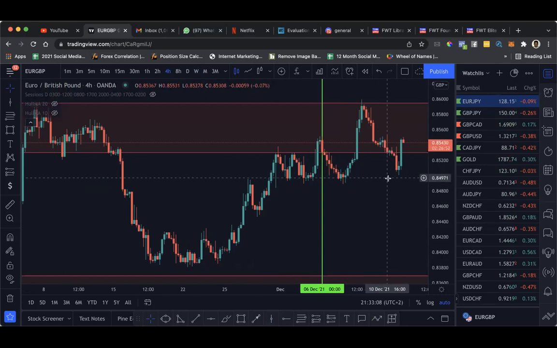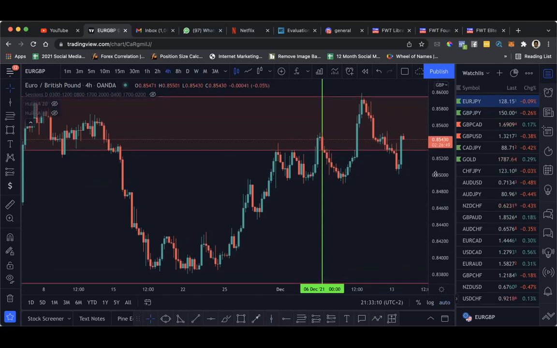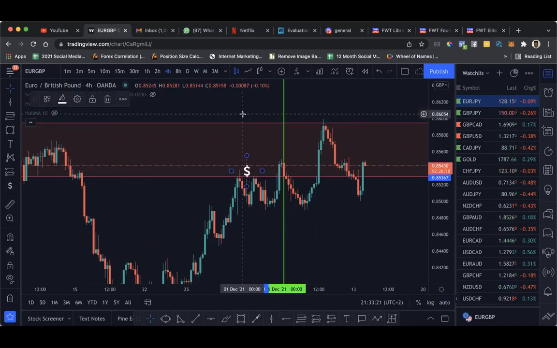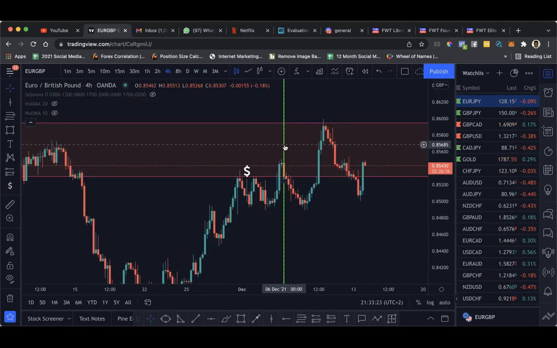Okay, so this was the first time, and then you could see this liquidity here on the 4-hour chart, this liquidity zone here. Okay, so this would have been a very good order block here.